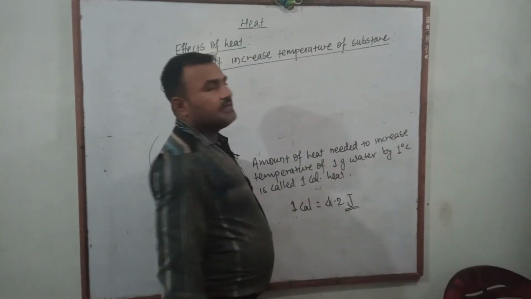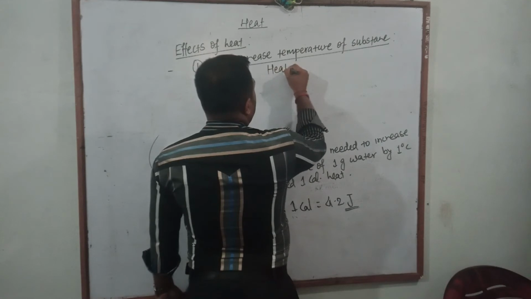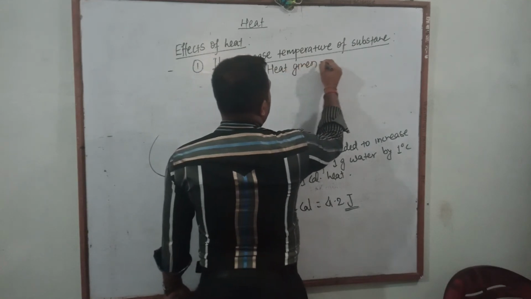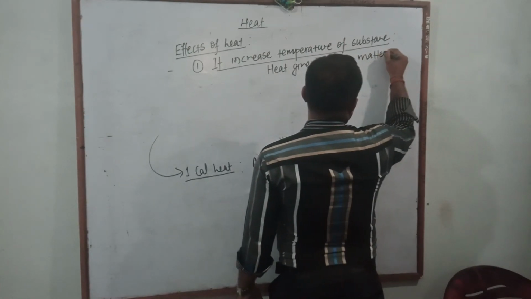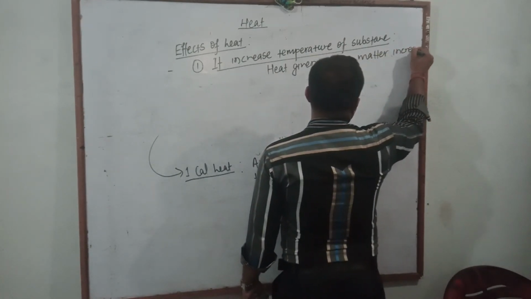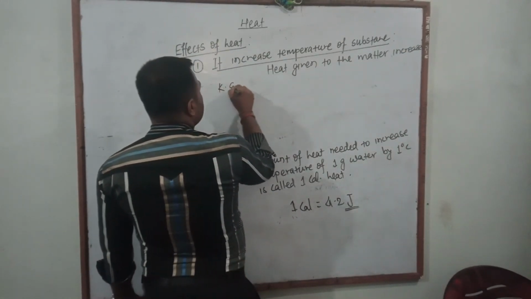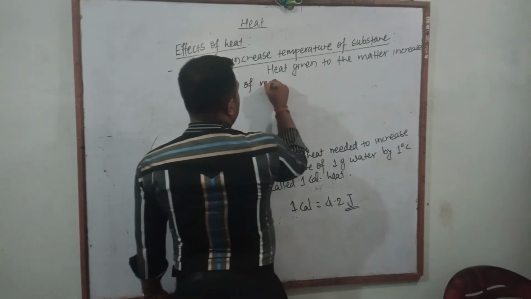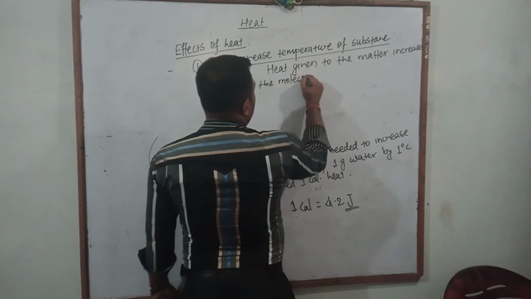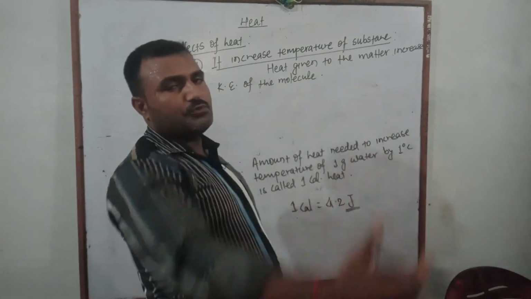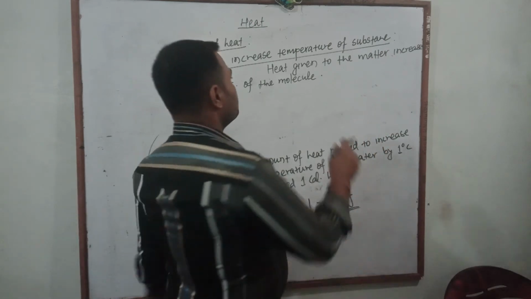How does it increase the temperature of the substance? Heat given to the matter increases the kinetic energy of the molecules. When we give heat to the object, its vibration increases and kinetic energy increases.